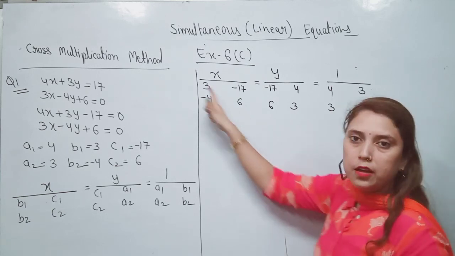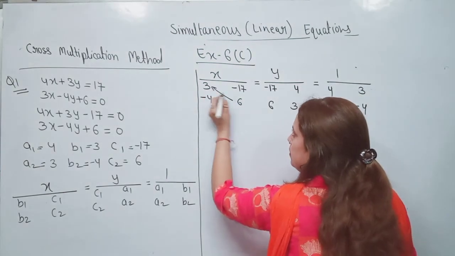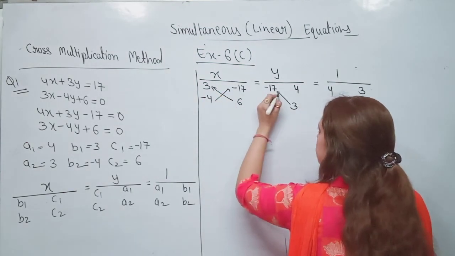After that we will do the cross multiplication, and the sign between them is minus.